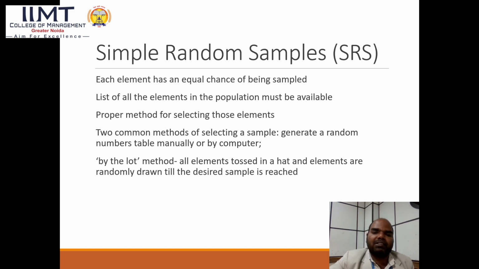Two common methods of selecting a sample are a random numbers table generated manually or by computer, and the lottery method. In the lottery method, all elements are tossed in a hat and elements are randomly drawn till the desired sample is reached. The lottery method, tippet method, and box method are related to simple random sampling.